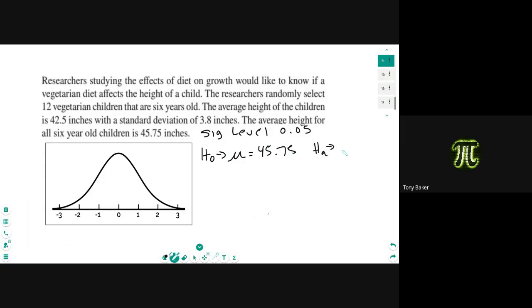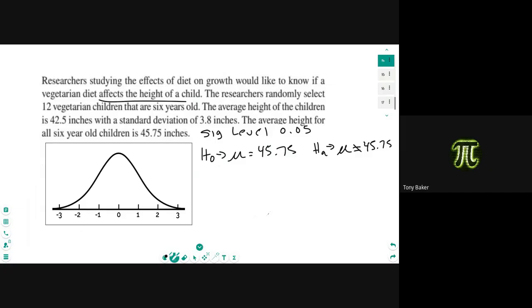But it doesn't equal, so they just want to know if it's different. It says diet affects the height. It doesn't say greater or lower. So this would be not equal to. So two-tailed.